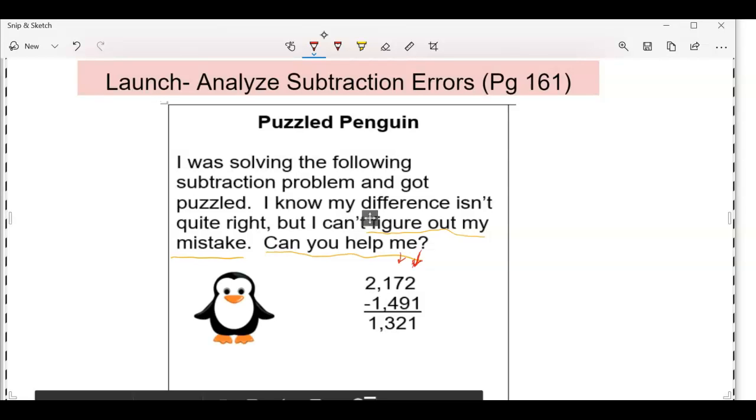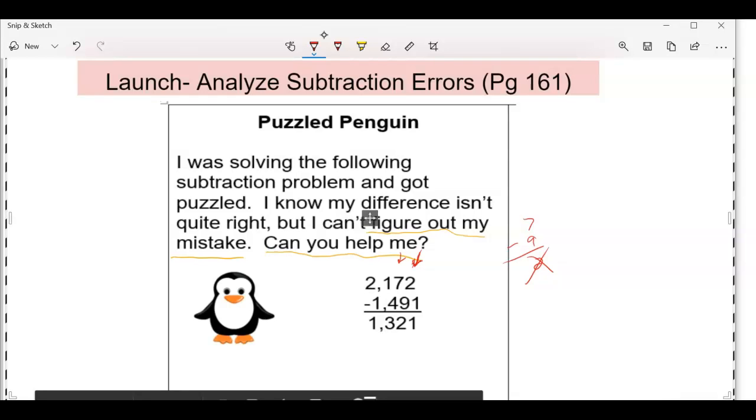If you said that the problem is with the calculation in the tens column, you would be correct, because 7 minus 9 is not 2; you can't subtract 9 from 7.